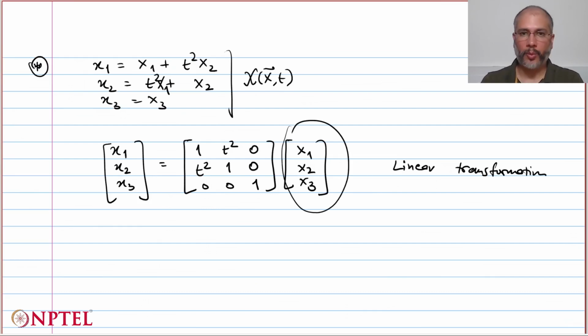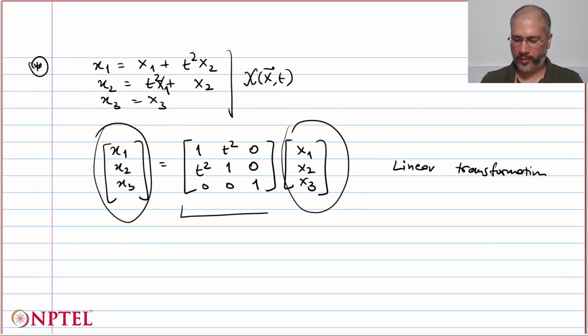This was the material coordinates, or the position of the particle at t equal to 0, and this is the vector which denotes the position of the particle at some later time. And this is a matrix which is a function of time, because as time changes, the spatial position of the particle will also change.